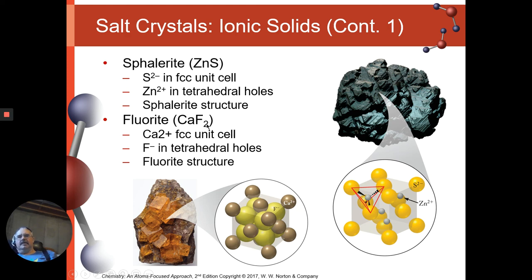This is a 1:2 ratio. Calcium ions are in a face-centered cubic unit cell, and then the fluorides are in the tetrahedral holes. That is, each fluoride is in the center of 4 calciums.